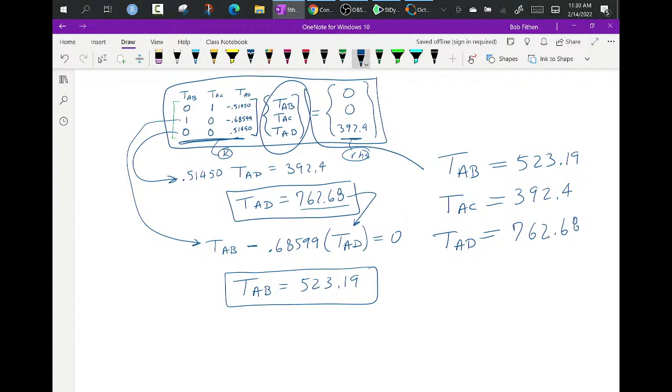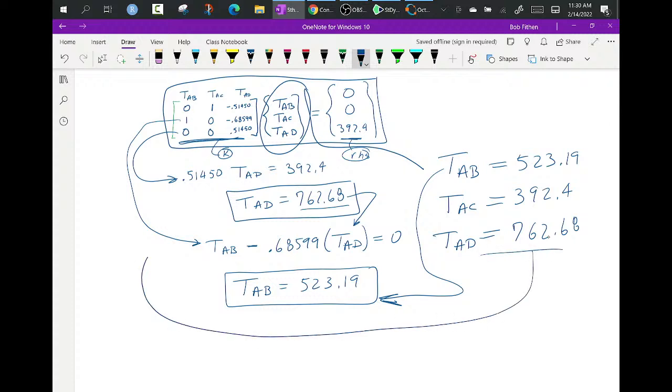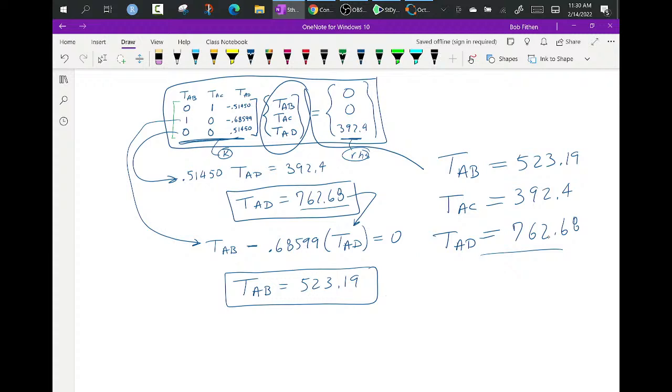Okay, TAB, there's that one, and then this one is that one, and I guess I didn't really feel like doing that last one. Did I copy that right? TAC, that's the middle one, yeah.